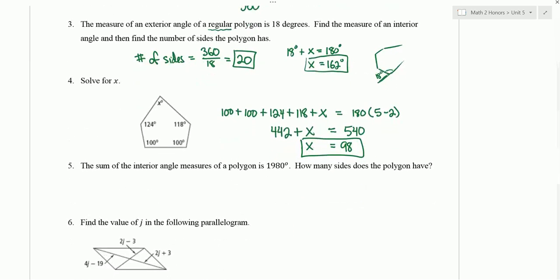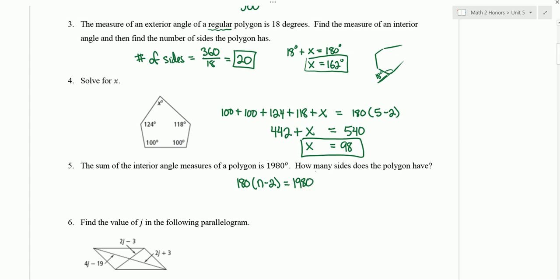Number 5, the sum of the interior angle measures of a polygon is 1980. How many sides does the polygon have? So if n is our number of sides, we have 180 times n minus 2. That's the formula for the sum of the interior angle measures, is equal to 1980.